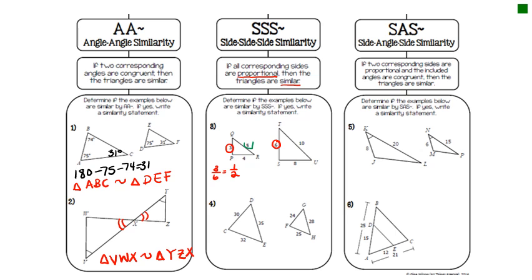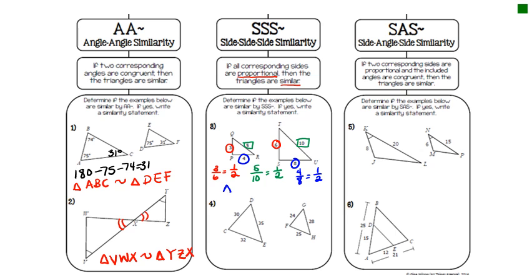The longest side here is 5. The longest side here is 10. 5 over 10, when I reduce that, becomes a half. And then the medium sides, 4 and 8. 4 divided by 8, when I reduce that, is also a half. So I got a half, a half, a half. So we have a scale factor of 1 to 2. It's the same for every set of corresponding sides.